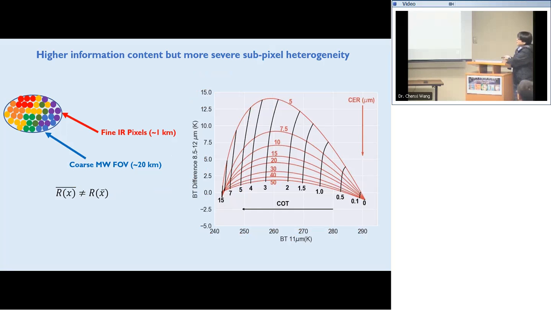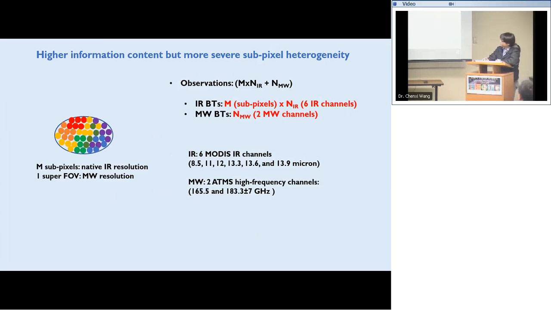Here is an example of how the infrared observation changes as a function of CER and COT. You can see there's a huge curvature here. If you simply average the infrared observation over the whole domain, you get a huge nonlinear effect, which can give you biased retrieval. So we have to handle this.